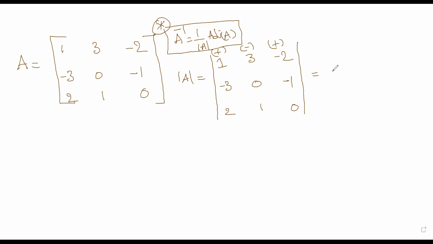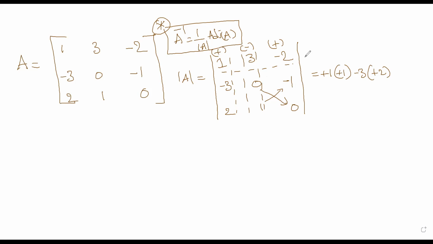Now I have plus 1 into, leaving the row and column where 1 is present, 0 minus minus 1 times 1, that is plus 1. The next one is minus 3 into, AD minus BC, 0 minus 2, minus of minus is plus.